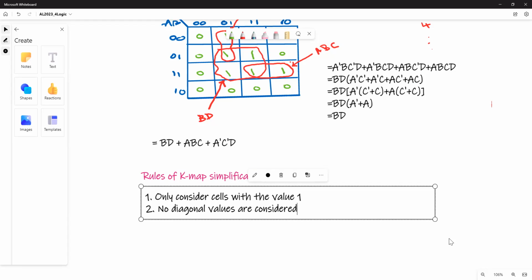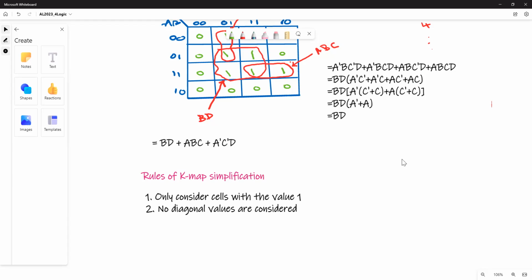So what that means, basically, let me show you with an example. Let's say that you have a map, and in the map, you have some diagonal elements.